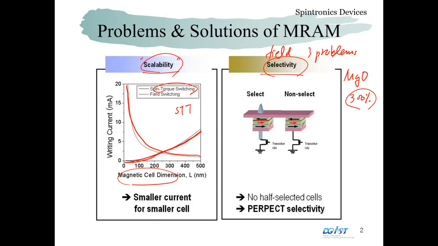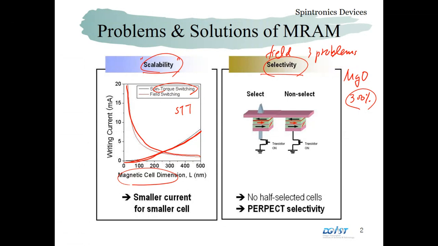And also, in a field-driven MRAM, we have a problem of selectivity. If you want to switch some specific cells, you should switch only those specific cells, and the other cells should not be switched. But in a field-driven MRAM, there are many malfunctions because the Oersted field of the current line affects all cells near its path.